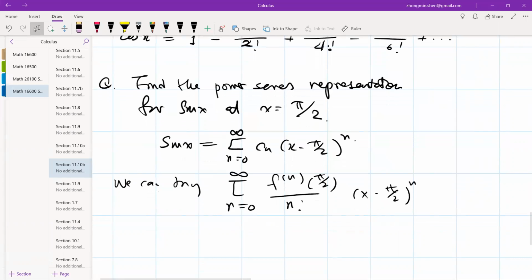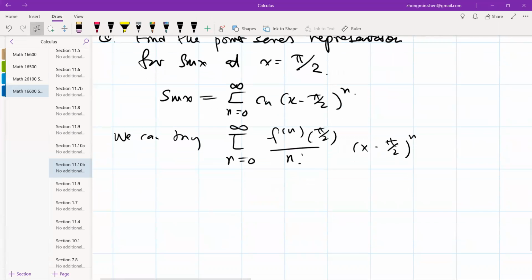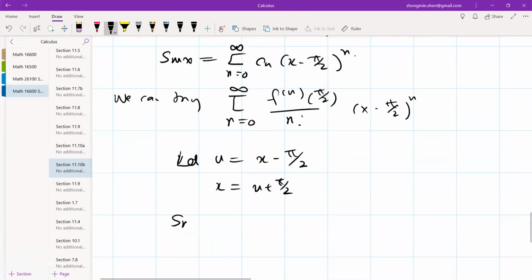So we have to do like the other problems and modify the function. I want to expand around pi over 2, so you let u be x minus pi over 2. Then x is going to be u plus pi over 2, so sine x is going to be sine of u plus pi over 2.